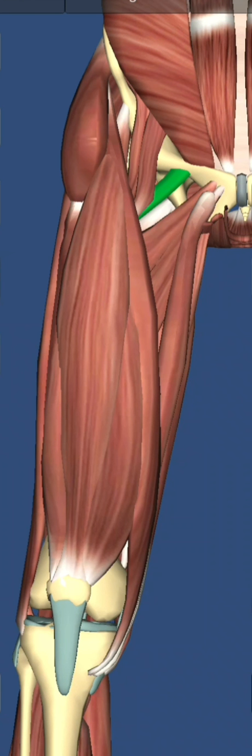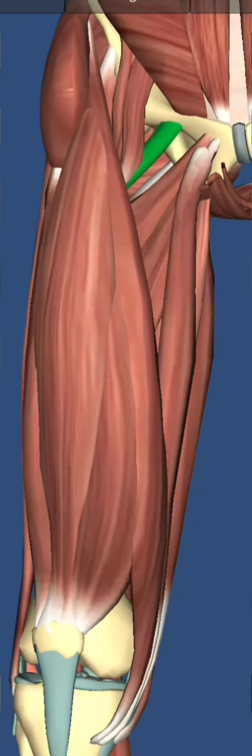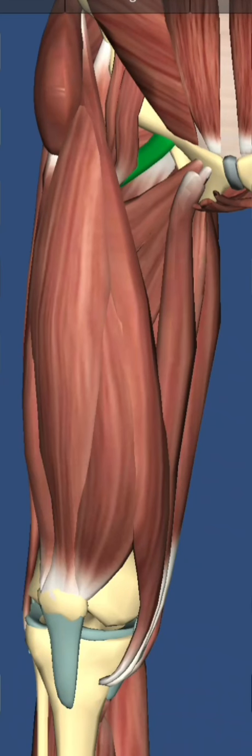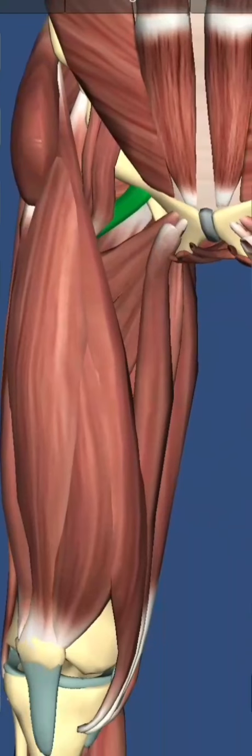So it's a flat and quadrangular muscle that has a superficial and a deep layer. It attaches proximally to the superior ramus of pubis and distally to the pectineal line of the femur, just a little below the lesser trochanter.